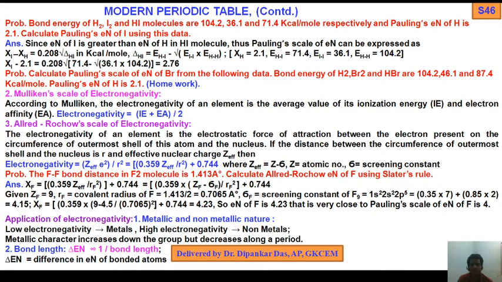Then you can easily find the electronegativity of fluorine on the Allred-Rochow scale.